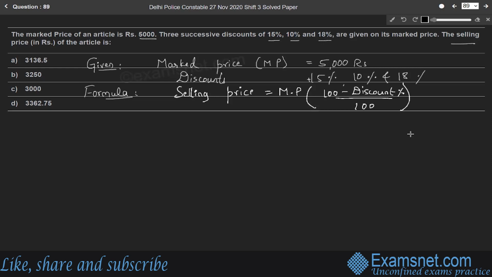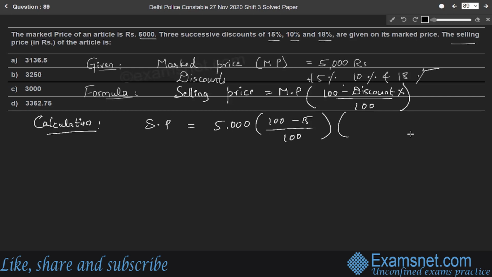So we are directly substituting the values. SP, the selling price of the article, is marked price 5,000 rupees into, since there are 3 successive discounts, (100 minus 15) by 100 into (100 minus 10) by 100 into (100 minus 18) by 100.